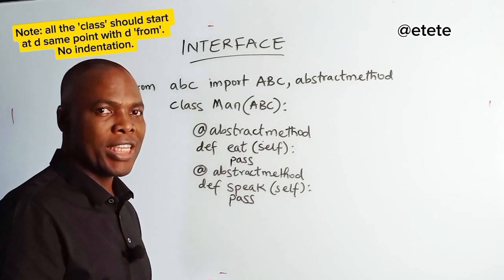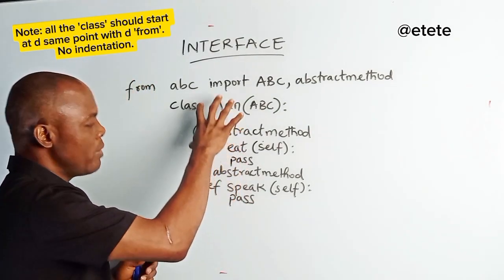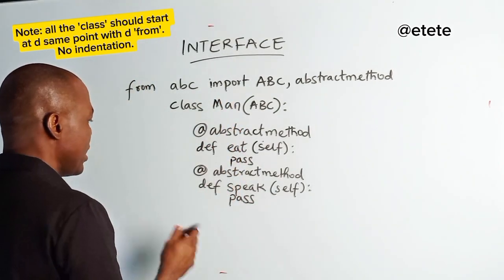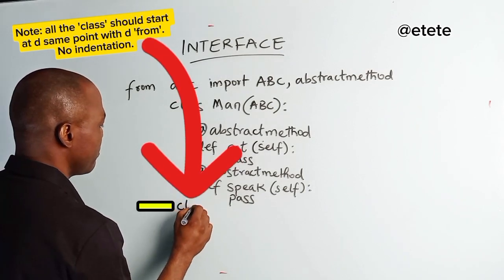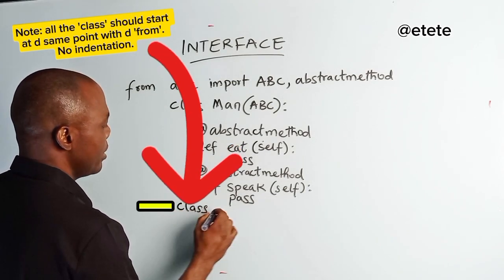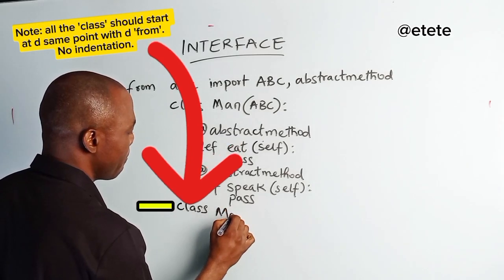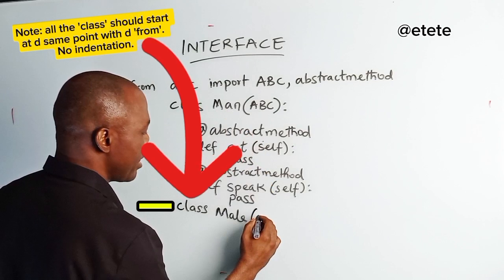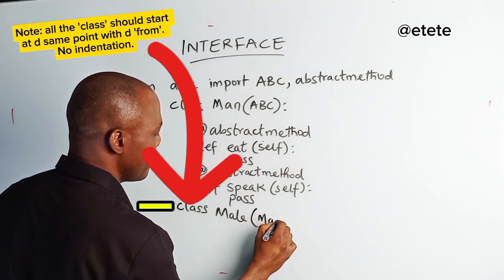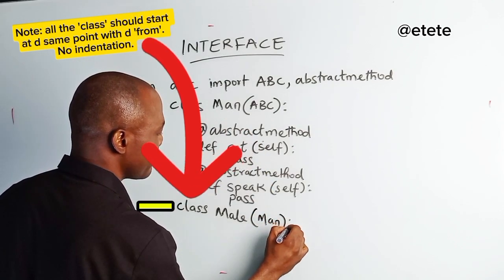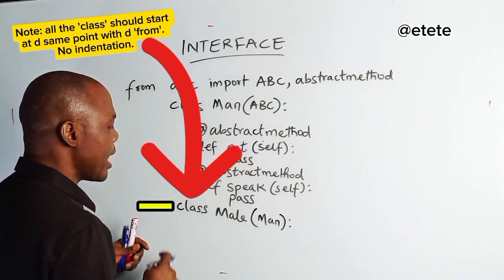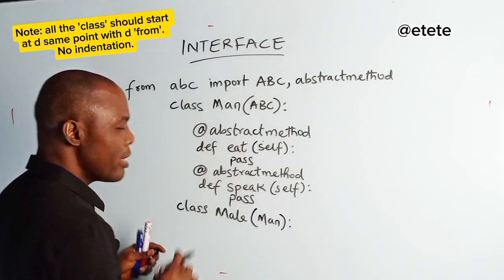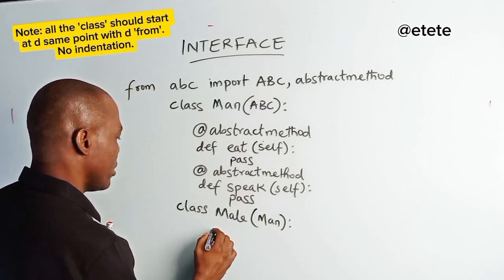So now I'm going to create a class that is going to implement this. And then that class, I will say class Male, right? And then this Man will be the parent class. Now inside this class, I am going to create my init method.